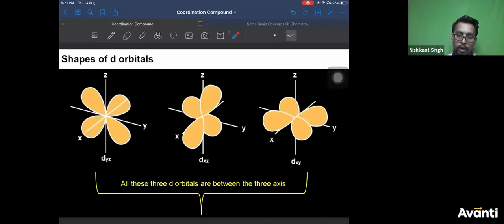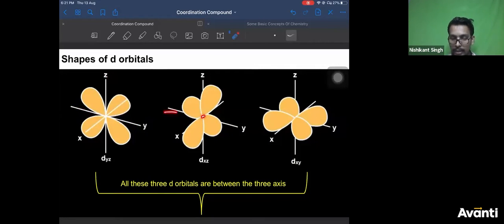So, what do you see in this orbital? Where are the lobes lying? This is yz, y-axis, z-axis. Where are the lobes lying? Very good, Pritish. So this is your y-axis, this is your z-axis. The lobes are lying in between the axes. Okay? Same thing here also.